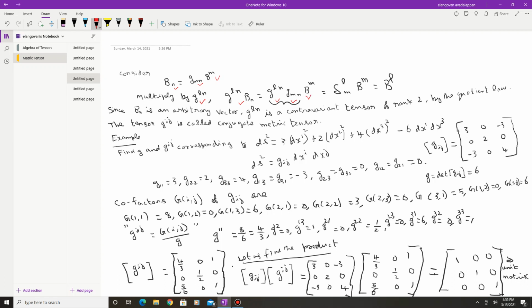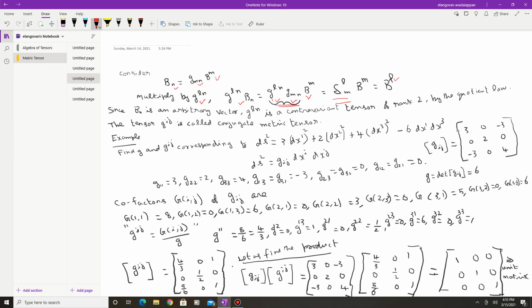Now g^ln, the contravariant metric tensor, and g_mn, the covariant metric tensor, if you make a product, this becomes a Kronecker delta because there is a summation over n. Finally, we get delta l m, a non-vanishing value only when l is equal to m. So the index becomes l, so B^l. So you will get the contravariant vector.